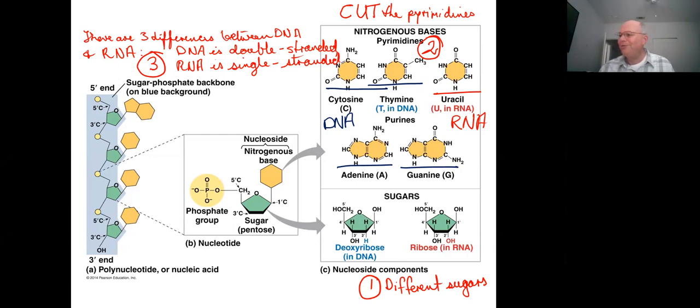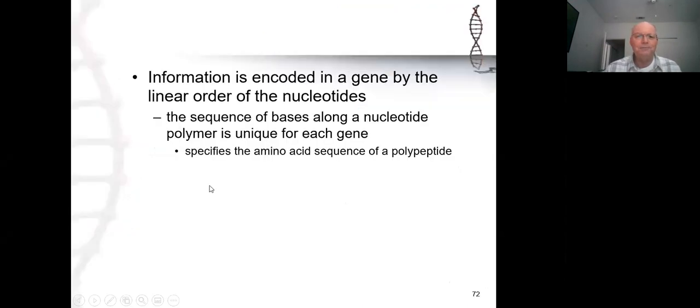So there are the three differences. Different sugars, deoxyribose in DNA, ribose in RNA, different nitrogenous bases. So thymine in DNA, uracil in RNA, and then DNA is always double-stranded, RNA is single-stranded. So there's the three differences.